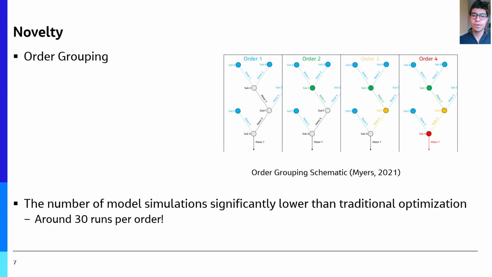So the number of model simulations significantly improved, meaning that the number decreased in a very interesting fashion. For each order, we end up having only 30 runs, which is quite fascinating, as opposed to a traditional optimization run that would require at least tens of thousands of different simulations.